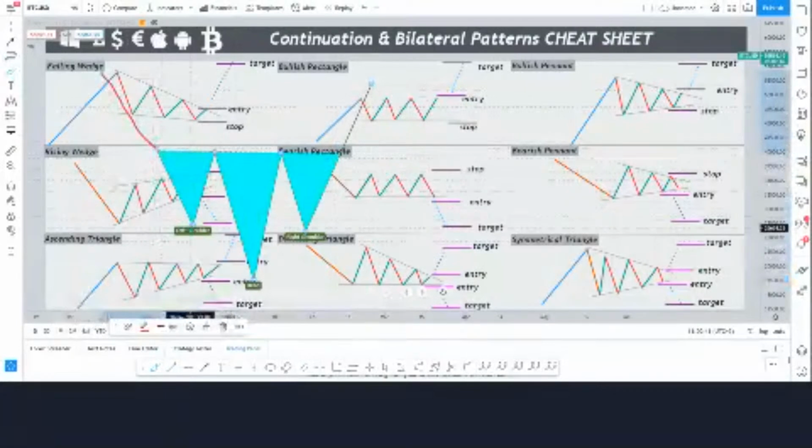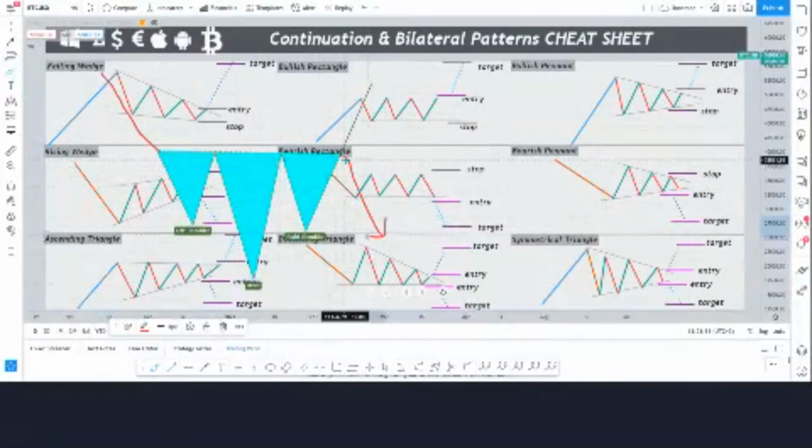You make the left shoulder, you make the head, then you make the right shoulder, then you bounce back. What could happen is you don't bounce back and you actually come back down. This is called the failed inverted head and shoulder. It failed because the pattern did not work to reverse. It worked to be a correction and have a continuation, and the trend will go to the downside.